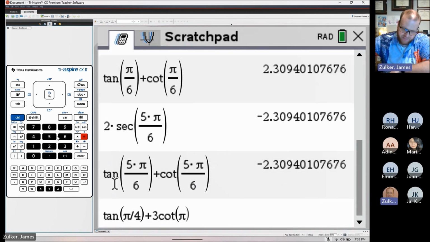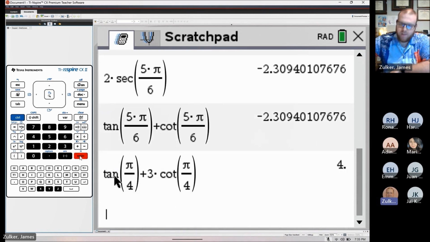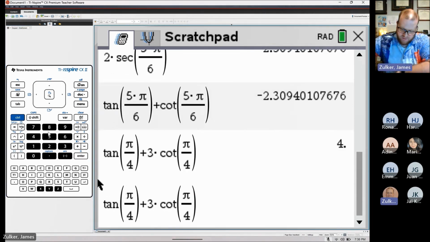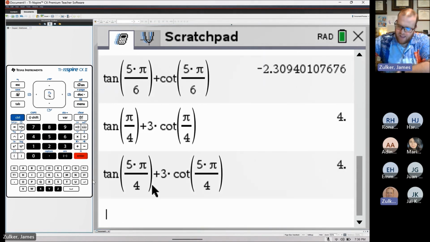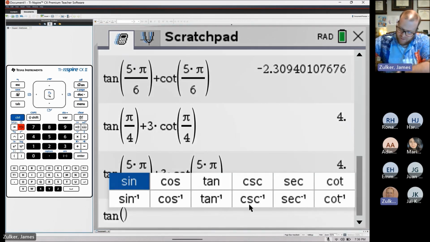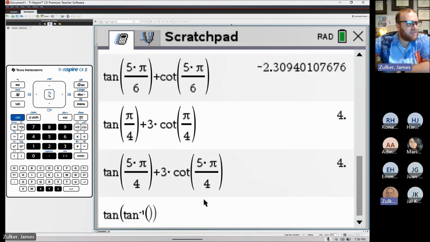Pi over 4. We want that to equal 4. That one checks out. Check out 5 pi over 4. That one works. Right, now we want inverse tangent of 3.